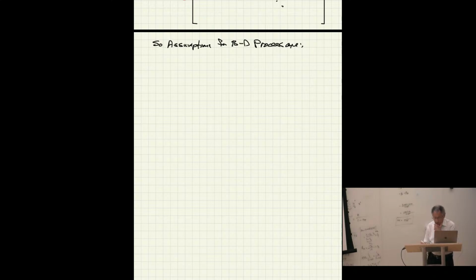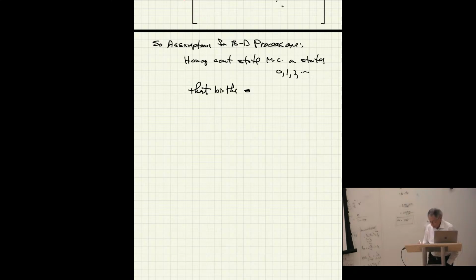First of all, it's a homogeneous continuous state Markov chain on the states 0, 1, 2, etc. Assumption is that births and deaths are independent, and that comes basically from the Markov property. And it is a Markov chain we're talking about.